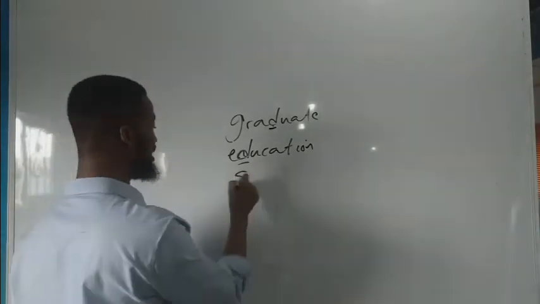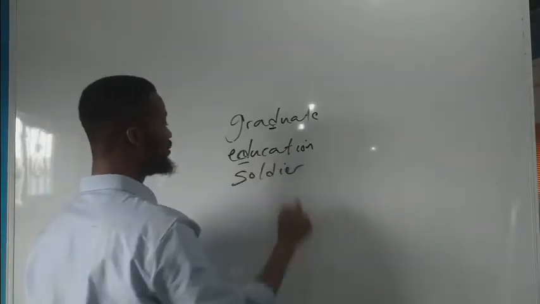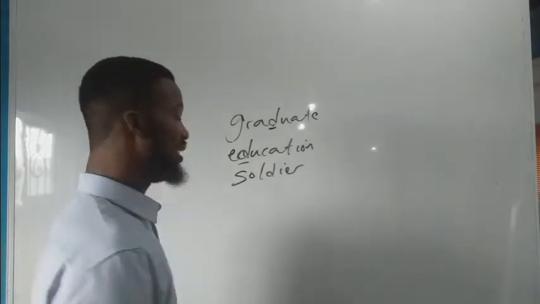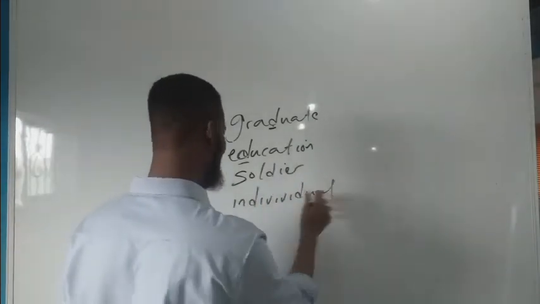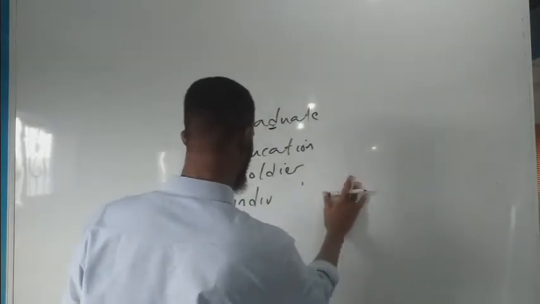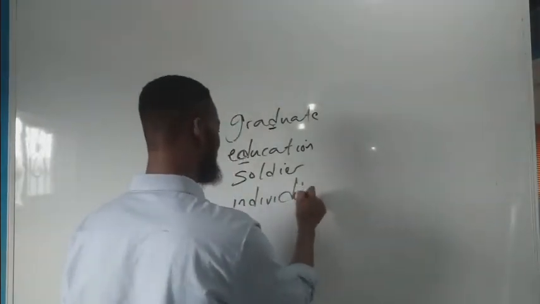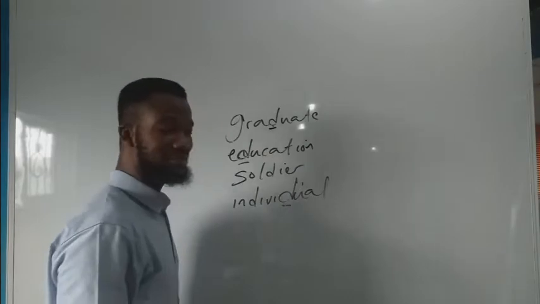We also have it in soldier. This is called soldier. In individual, in the V, that's a mistake. This is called individual.